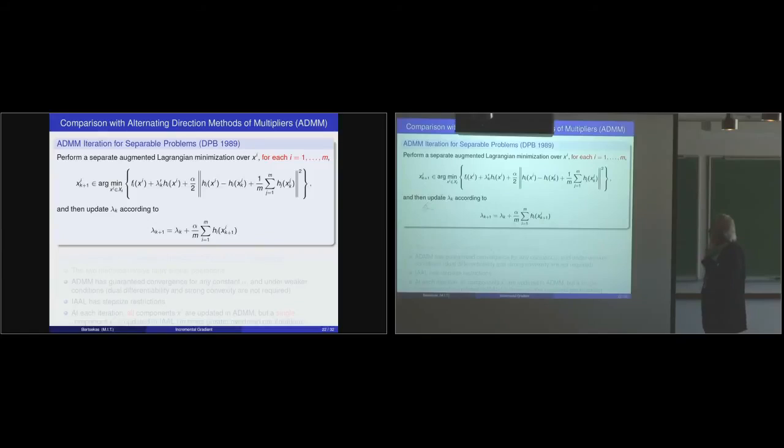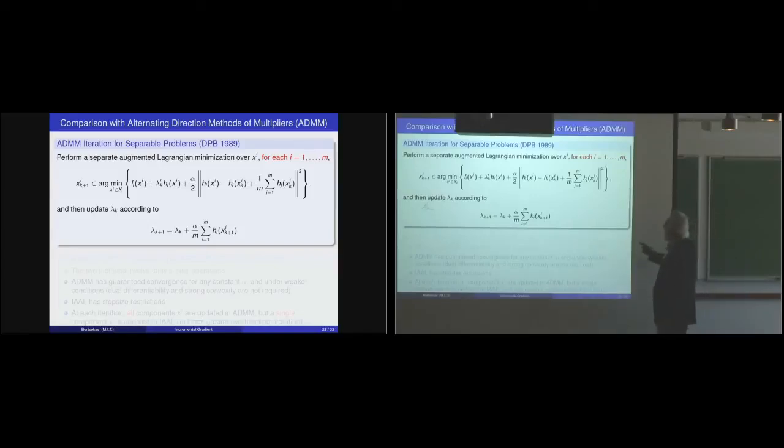They're old methods. They go back to the 80s. And they can be used for decoupling of components in various cost functions and constraints. I'm not going to discuss the broad method, just its application to the separable problem.